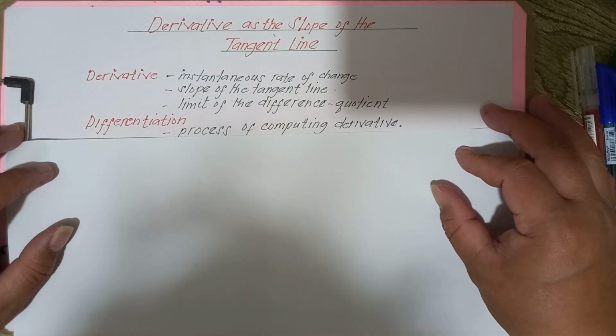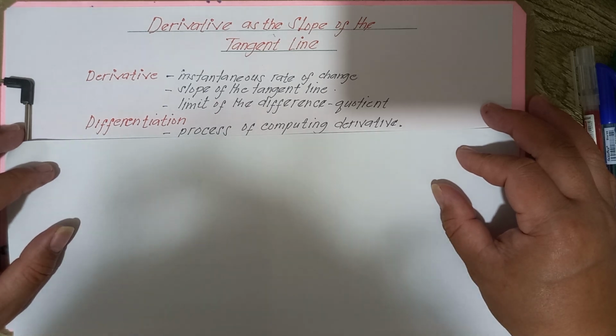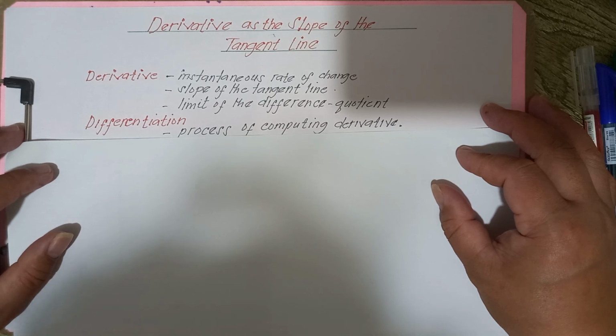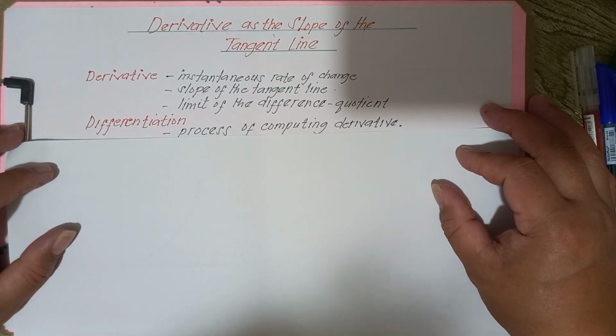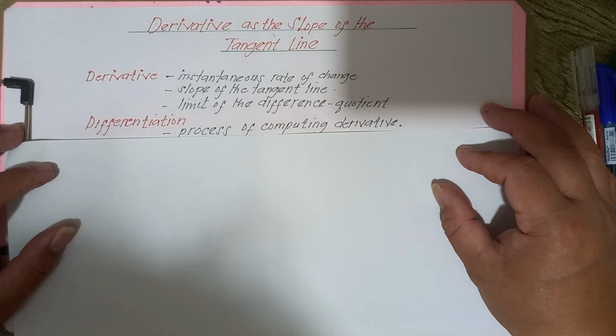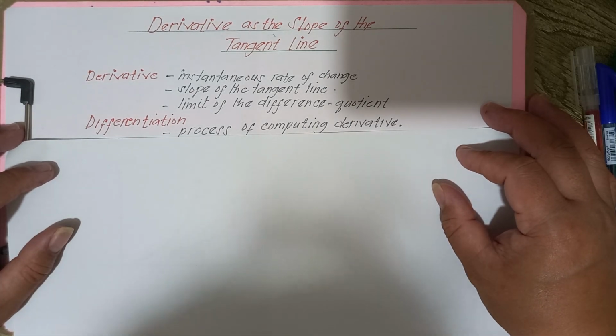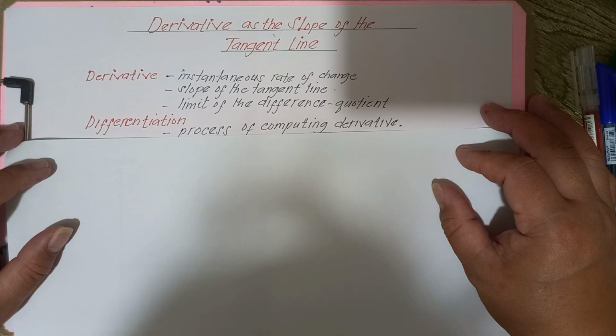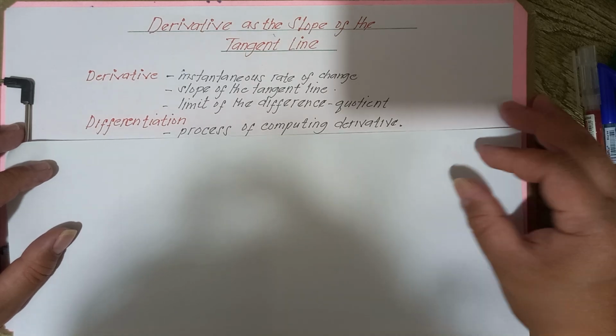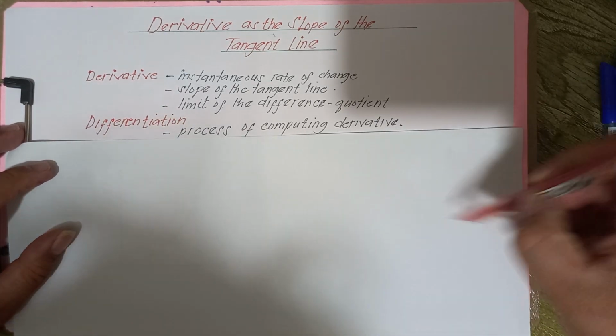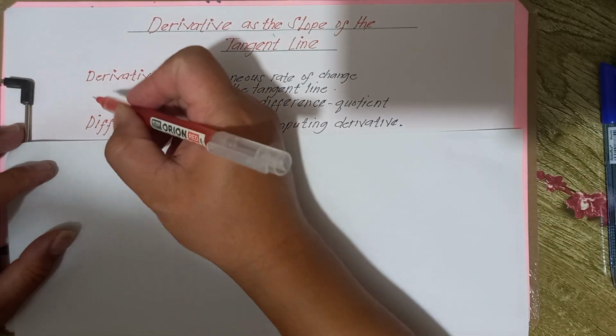It is the process, the method, or the ways on how we calculate derivatives of a given problem. So those are the basic terms that we need to understand: differential calculus, derivative, and differentiation.